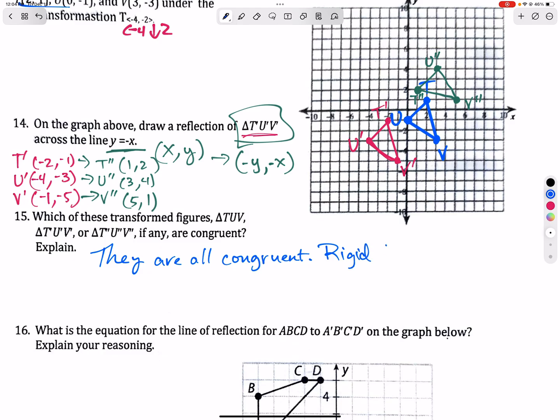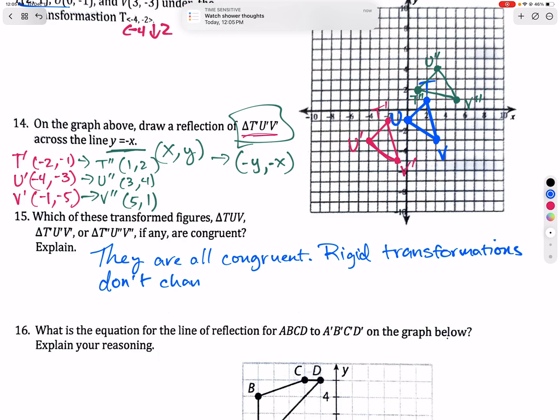Rigid transformations. Now, rigid transformations are translations, reflections, rotations. Rigid transformations don't change the size or shape of an image.